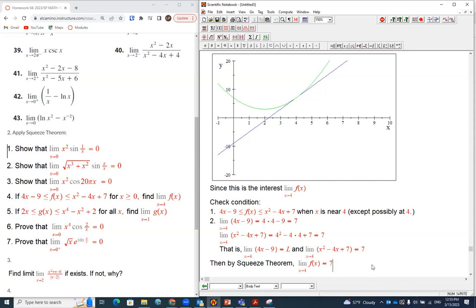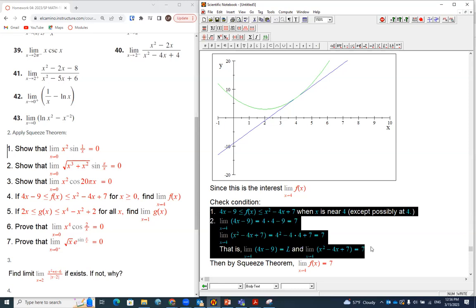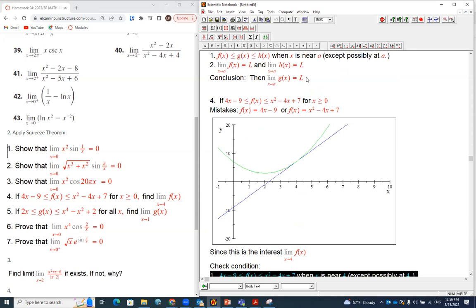I hope you guys understand, okay? And a lot of you guys' work is very good, but some of you guys' work needs improvement. And you need to learn the way of writing. You need to learn how to make the narrative. So you check the condition only when all the conditions are satisfied in the theorem, right? 1, 2, and then you can apply the conclusion of the theorem. Otherwise, you cannot apply that theorem.